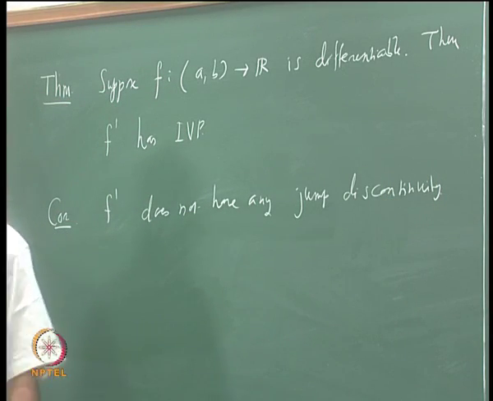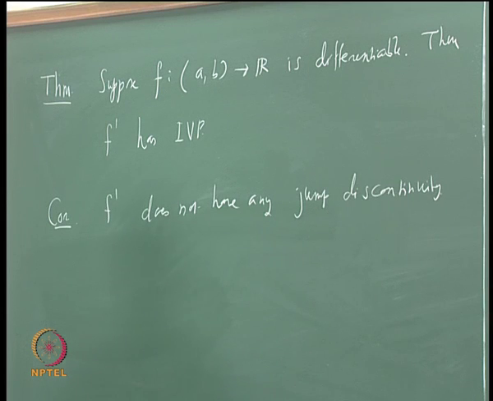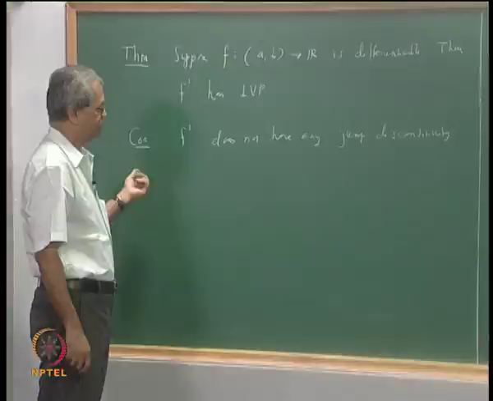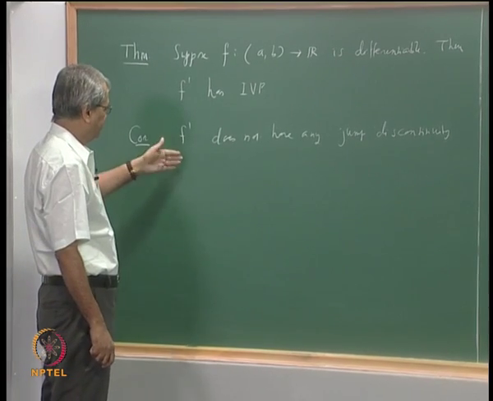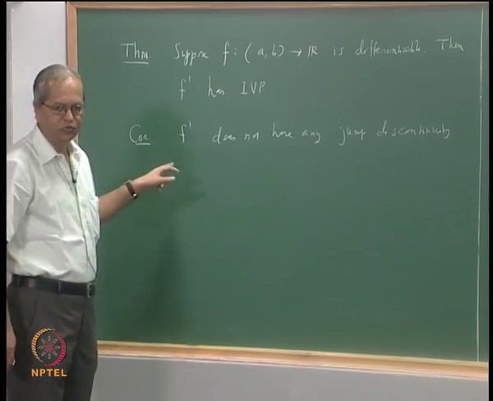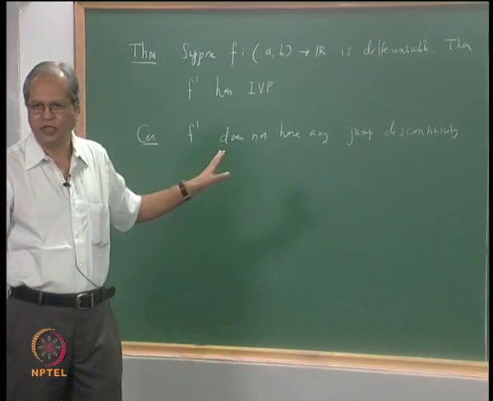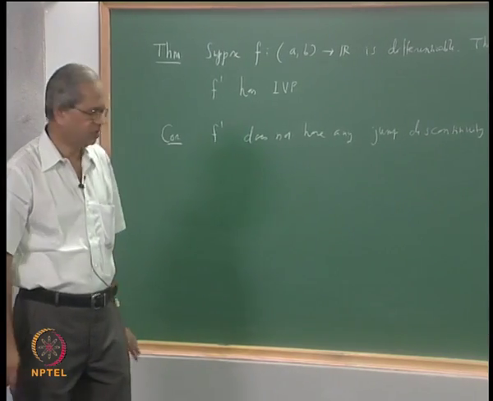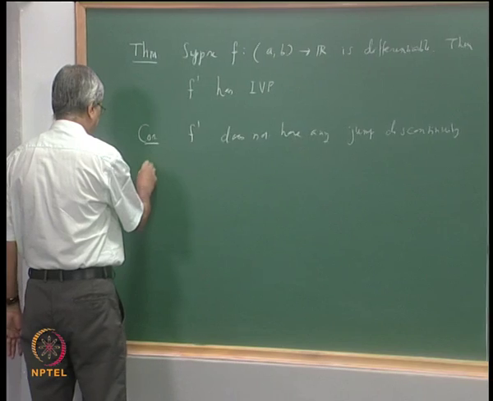Of course it can have discontinuity of the second kind, and we have seen an example of that type of function. Okay. Now how does one prove this? Of course there is basically one way of proving that. You assume that it has a jump discontinuity and arrive at a contradiction. Okay. So that is how we proceed.